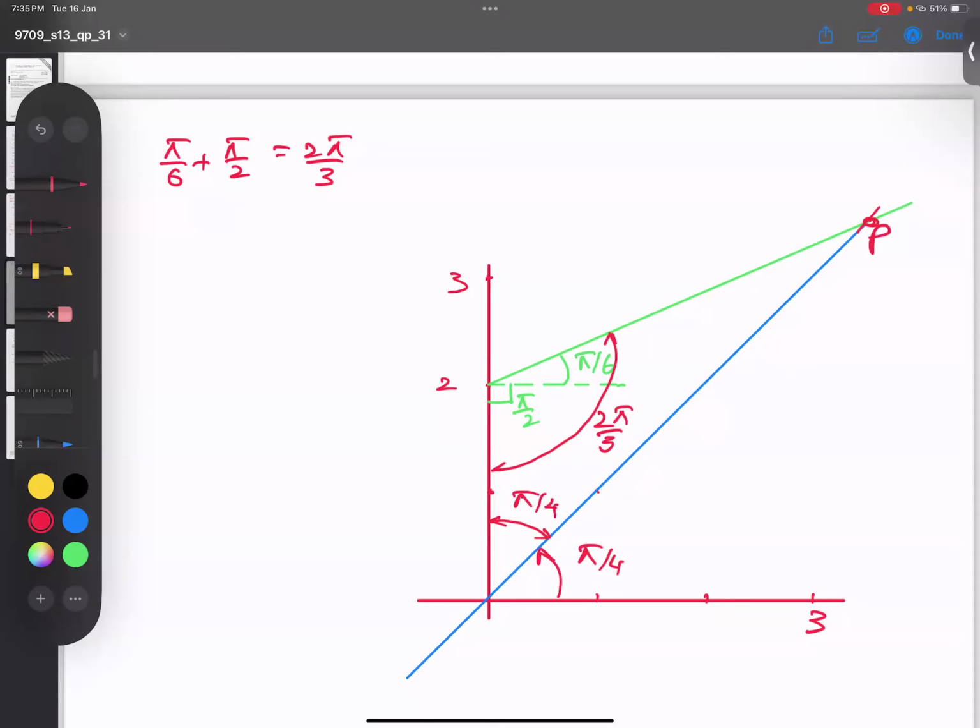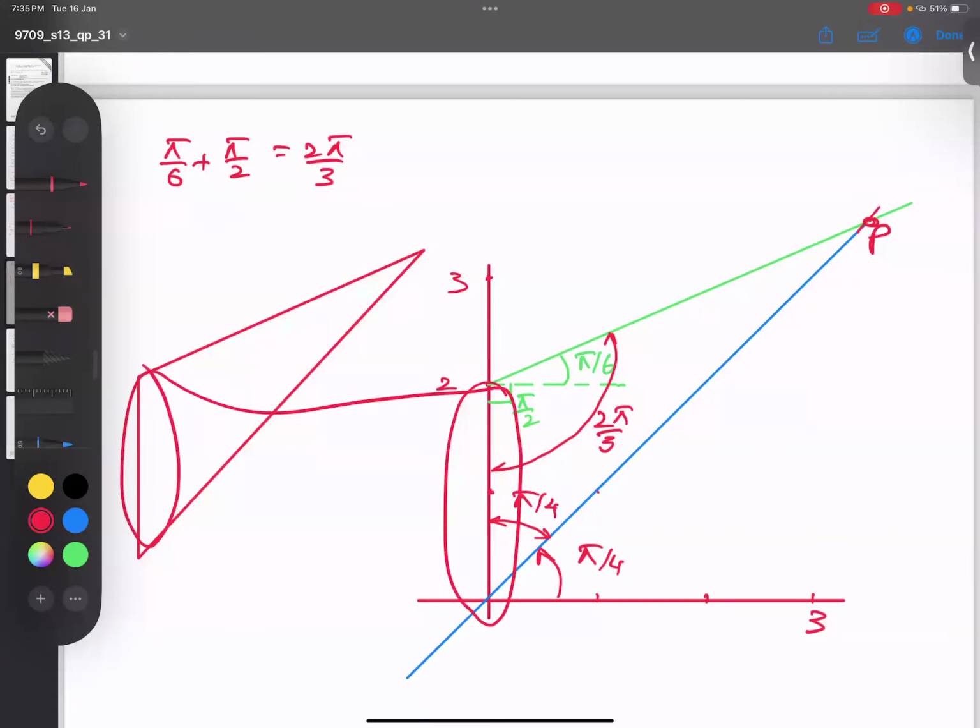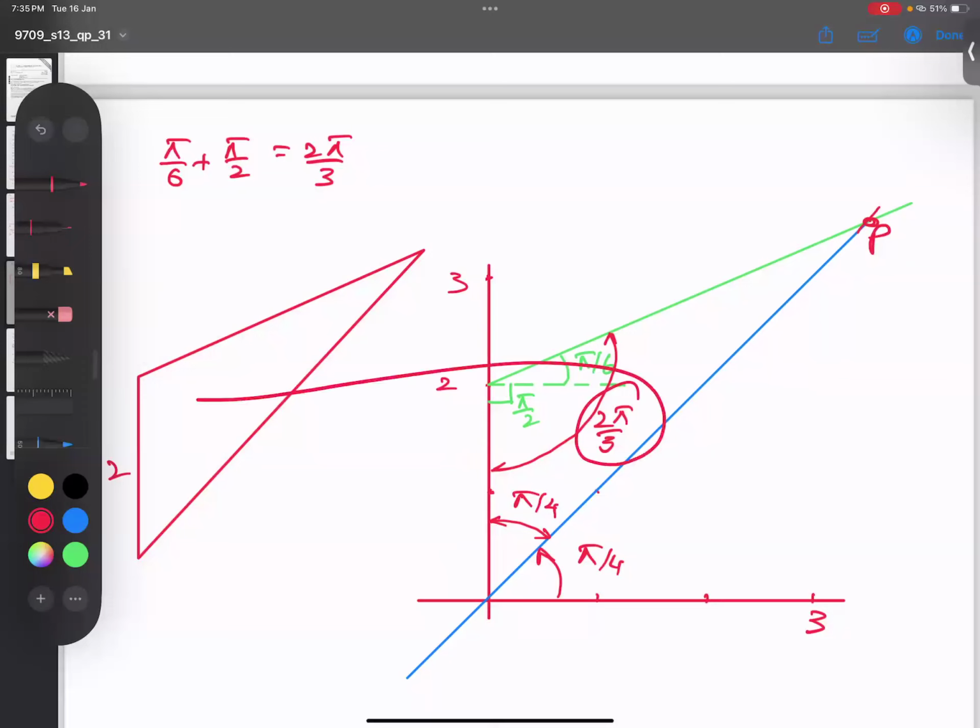And what is my ultimate target? I will go back to my question, but look here. If I focus on this triangle, I believe you will understand what I'm saying. This gap is 2, so this gap is 2. This angle is 2 pi by 3, so I'm writing here 2 pi by 3. This angle is pi by 4, so I'm writing here pi by 4. And how can I find this angle, students?